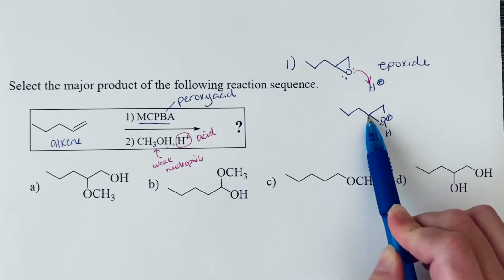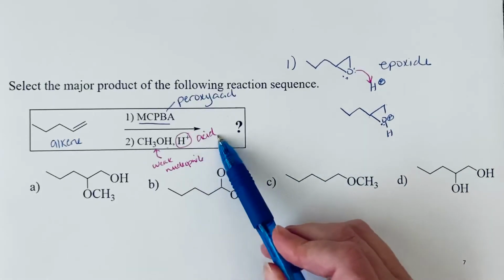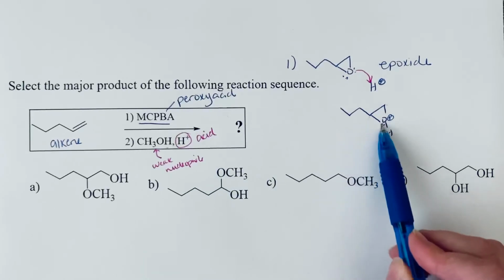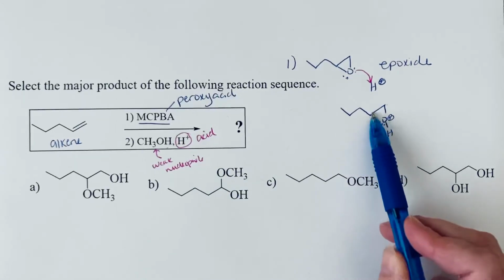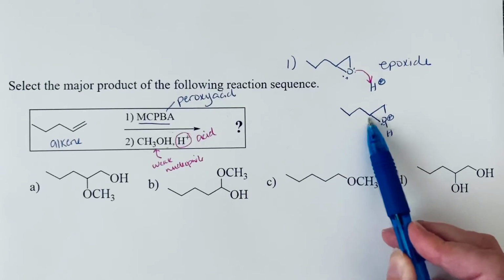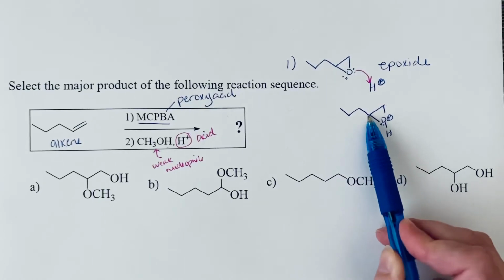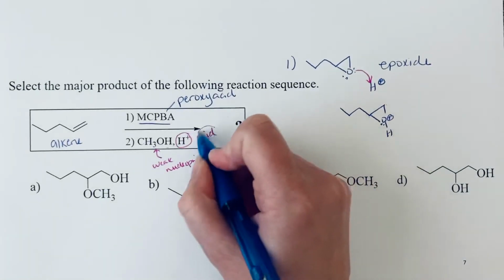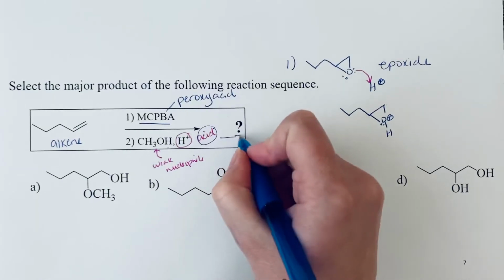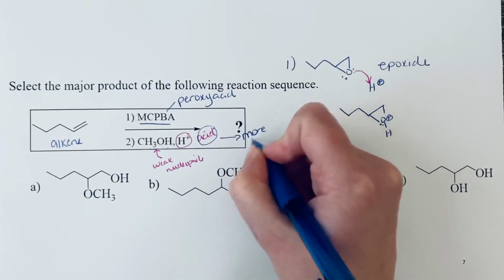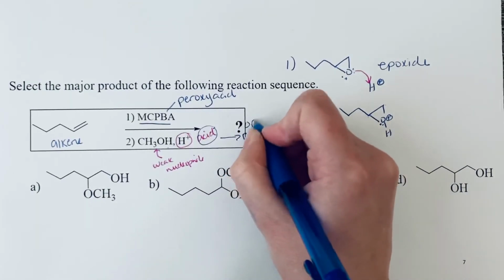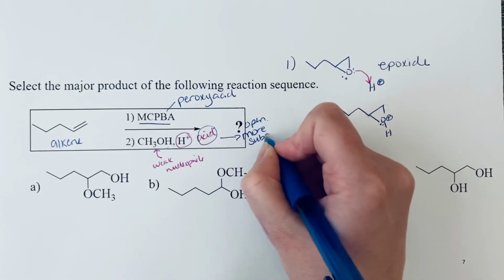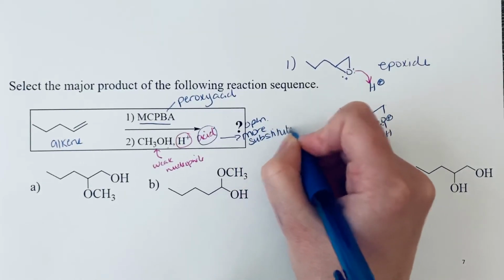substituted carbon atom? And under acidic conditions, we've got a bit of a positive charge building up on these carbons, and we would expect to see more of a positive charge on the more substituted carbon atom. So with acid and epoxides, we see the ring opening at the more substituted carbon atom.